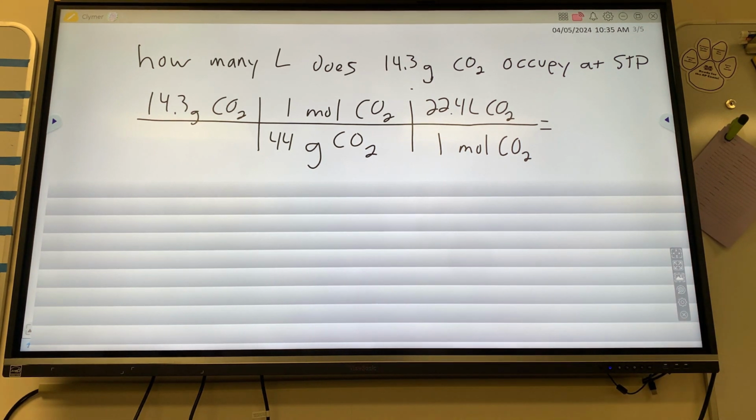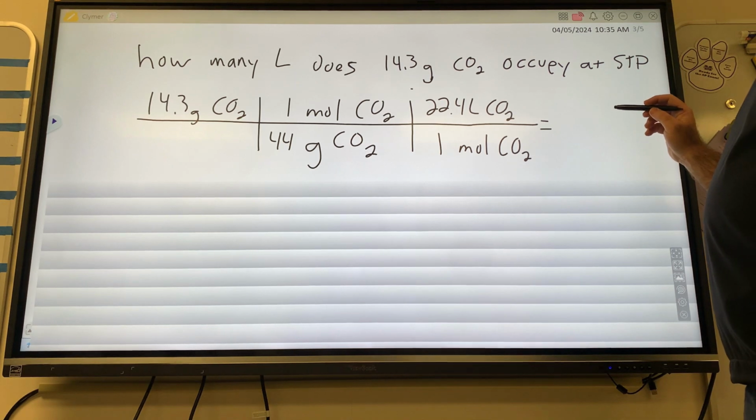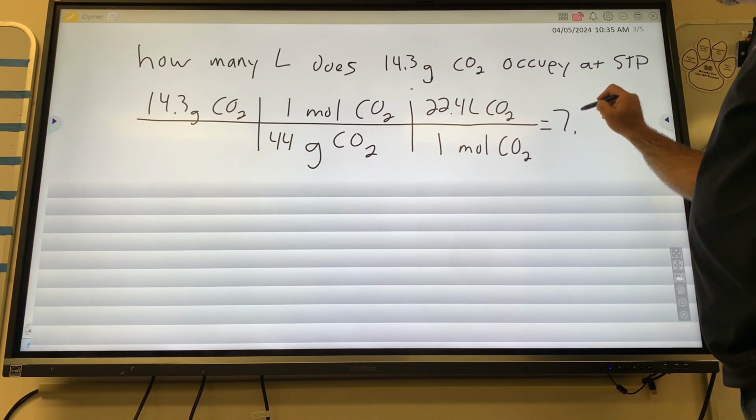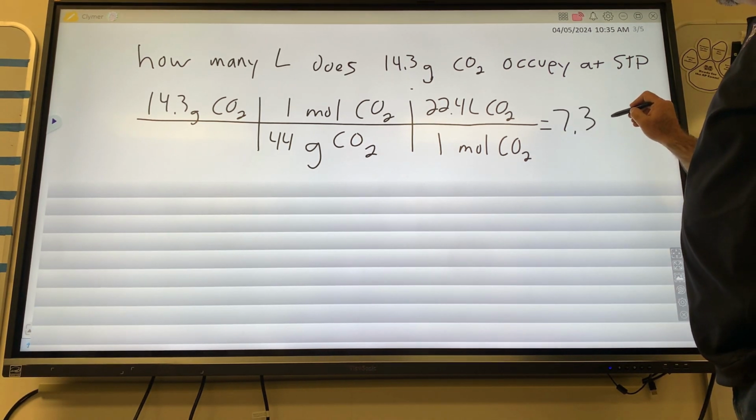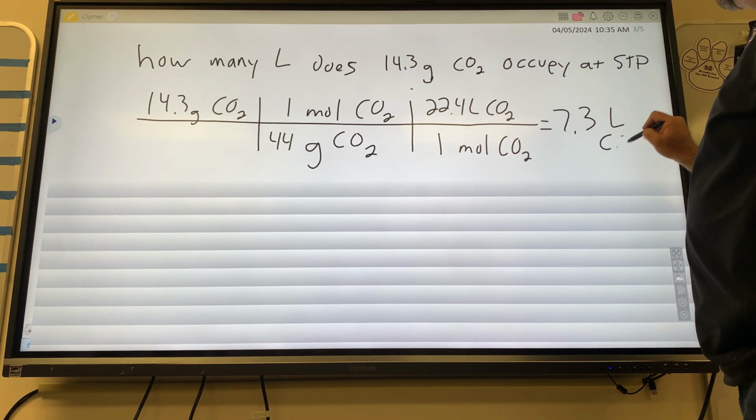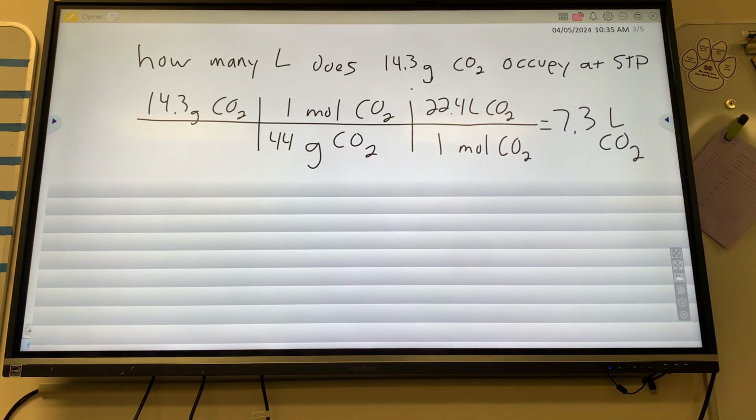So when you do the math, it's going to be like 7 or 8 or something. The answer would be liters of CO2.